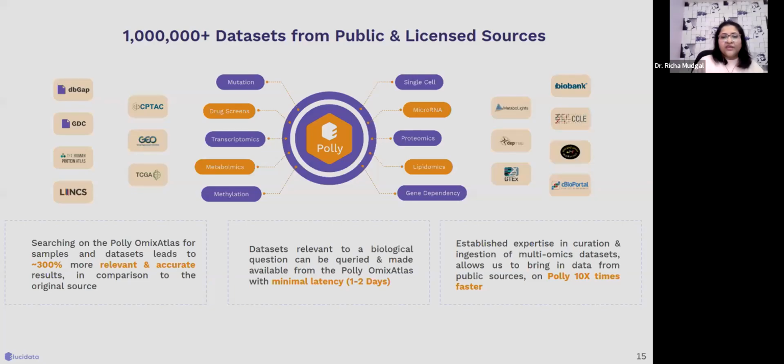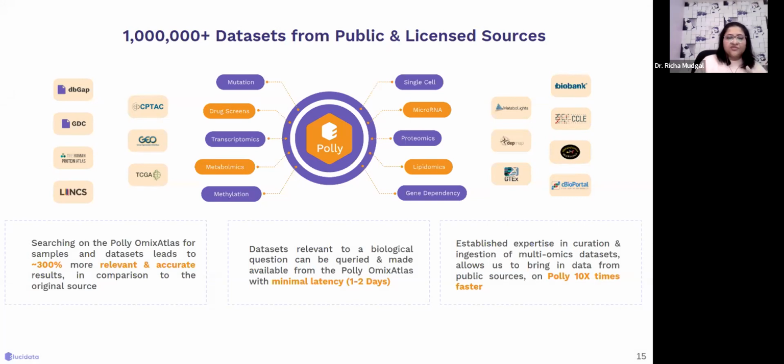So what we have also done at Elucidata is that we have curated data from various sources, predominantly for multiomics technology, which could be from GEO data sets or from TCGA and from CPTAC.